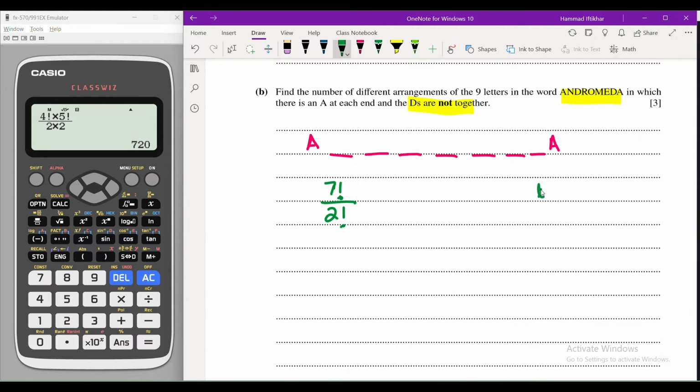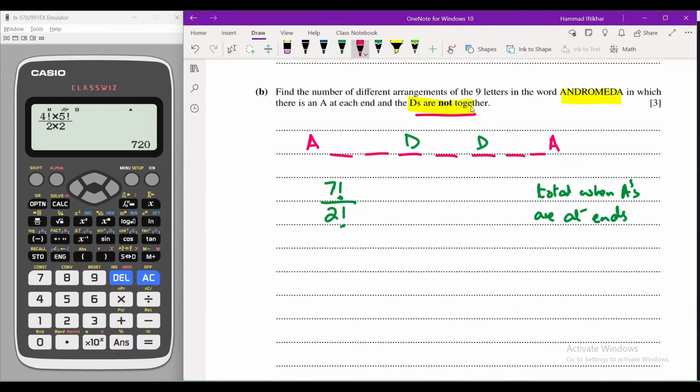So this gives us the total arrangements when A's are at the ends. We haven't considered the possibility of D's yet. So D's could be anywhere because we have 2 D's. So the divide by 2 accommodates for that.